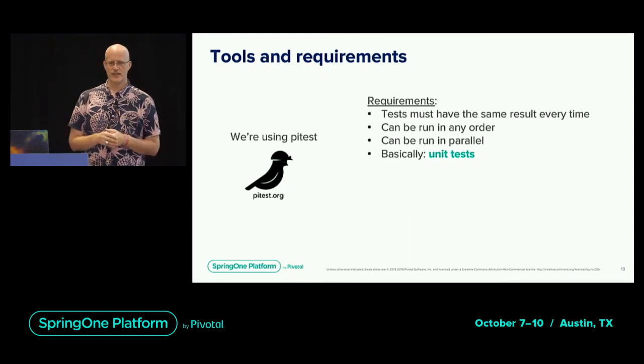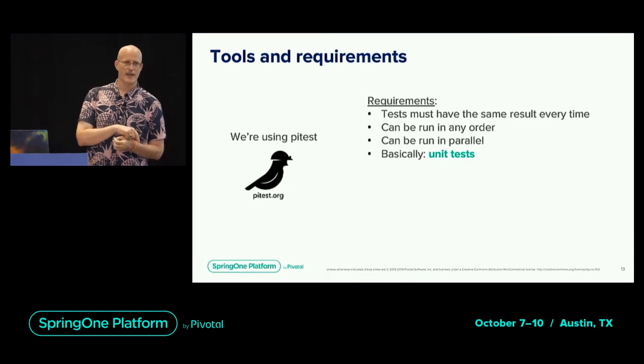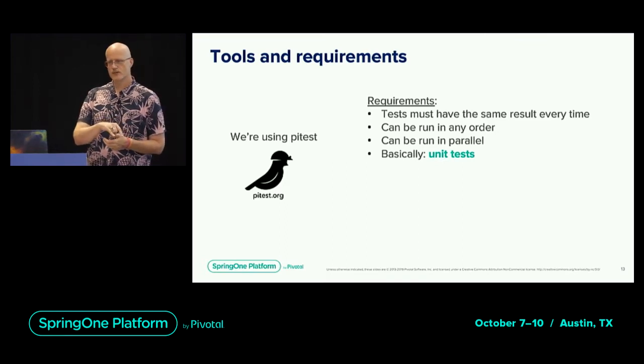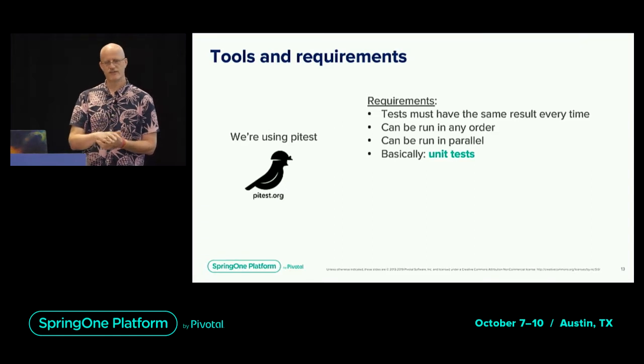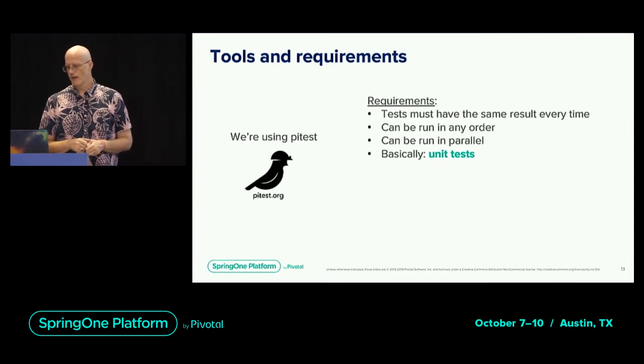I ran the mutation tests over this, and it still returned heads or tails, despite the fact that the polarity on the Boolean was reversed, so the mutation test was meaningless. Now, if I'd written a test that was going to return true every time and it starts returning false, now we've got a problem. So the tests can be run in any order, and they can be run in parallel.